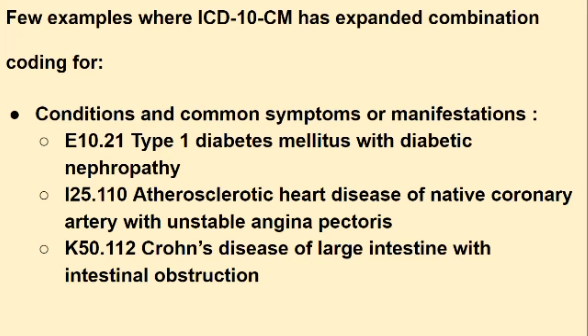I25.110, atherosclerotic heart disease of native coronary artery with unstable angina pectoris. K50.112, Crohn's disease of large intestine with intestinal obstruction. So those are just a couple of examples of some combination codes.